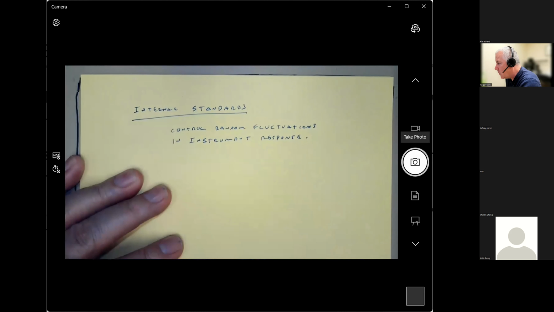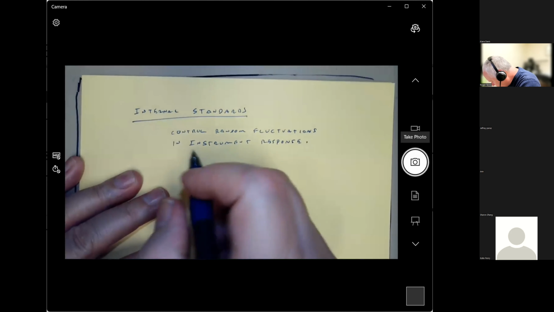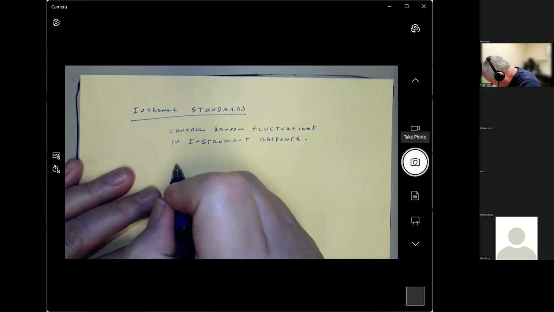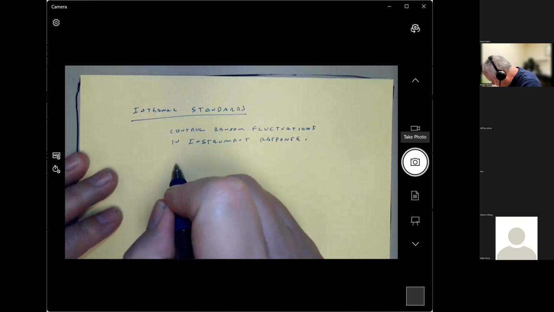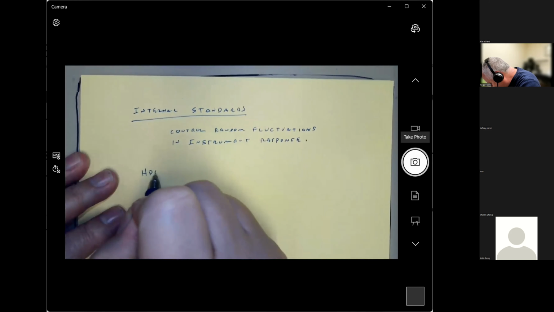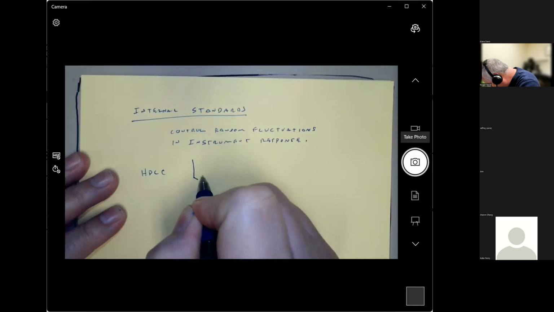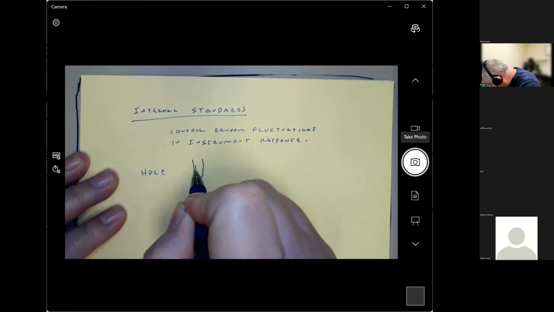So, for example, in an HPLC, you've got a syringe that injects a certain amount.